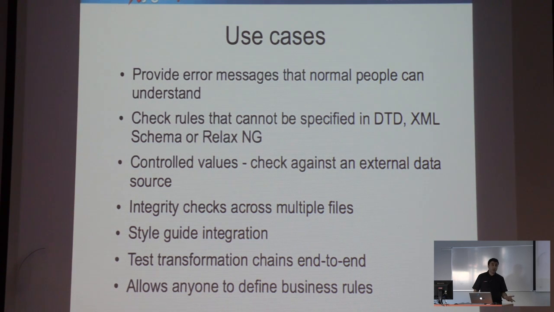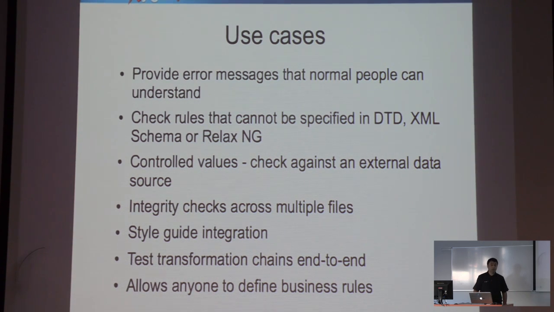Style guide integration, for instance, as Hal presented earlier in the morning, if you want your content to be adapted for mobile devices, you can decide to enforce some rules to avoid tables and replace them with lists, or focus on a specific kind of structure within the vocabulary.